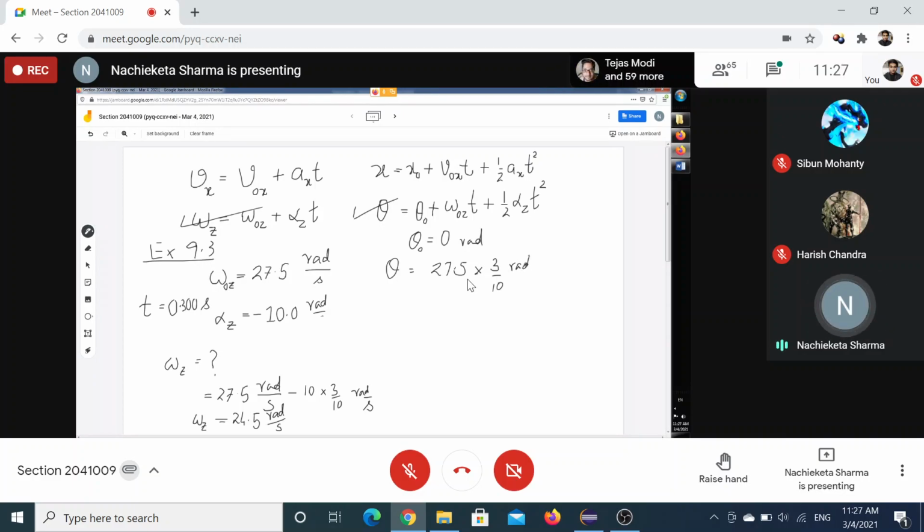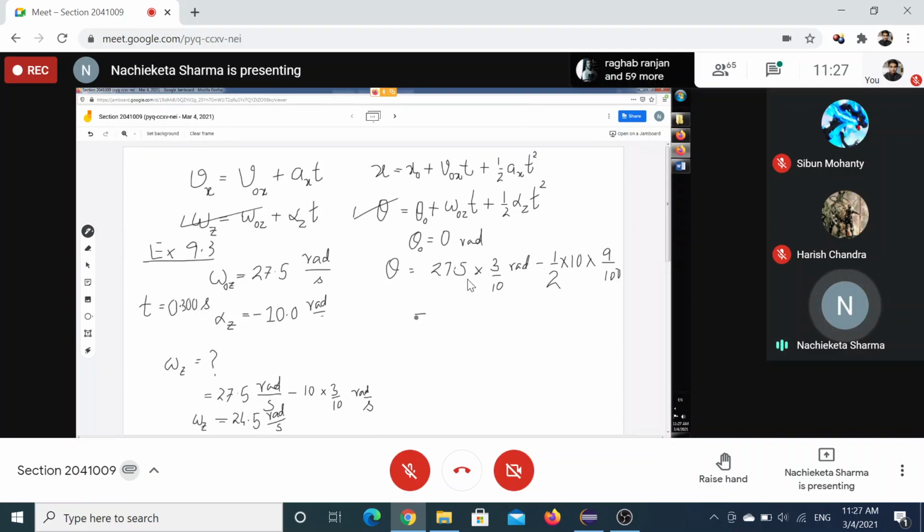Then plus half alpha z t square. Now alpha z is negative, so minus 1 by 2 into alpha z, which is 10, and t square is 3 by 10 whole square, which is 9 by 100. T square is 9, 10 square is 100.